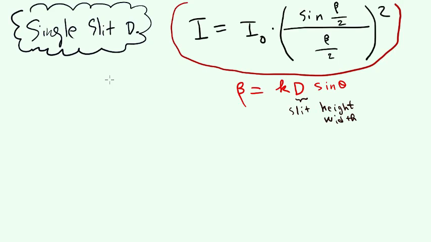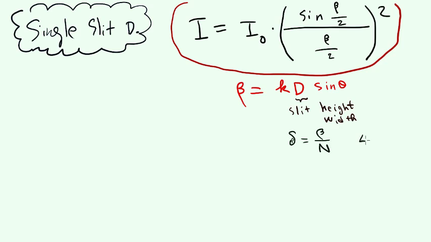So let's make a plot of this function as a function of beta. Before we do that, let's take a note. The delta parameter is basically beta over capital N. And we know that from the n slit problem, the intensity function here is periodic as a function of delta with period 2 pi.